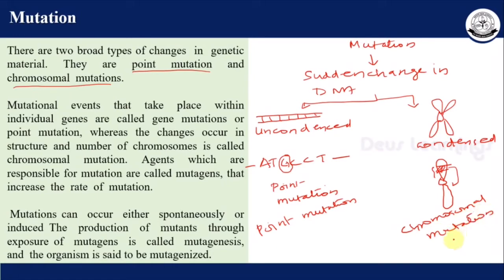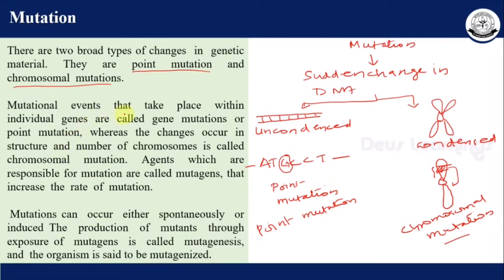So chromosomal mutation happens in a segment of a chromosome, while point mutation happens in one nucleotide of the DNA. Point mutation is the smaller mutation, and chromosomal mutation involves changes in more than two nucleotides.